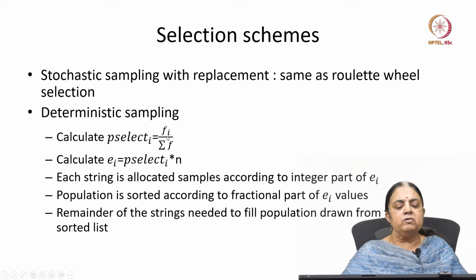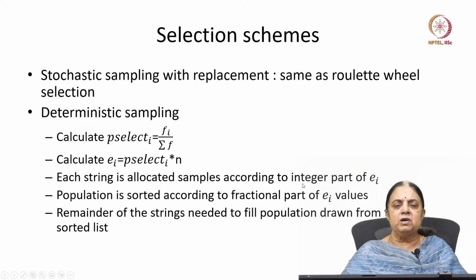You take the fitness of string i and divide it by the overall total fitness of all the strings together. So you will get a value between 0 and 1 and you multiply that by n. If you have n strings in your population, you multiply it by n and you look at the integer part of that.